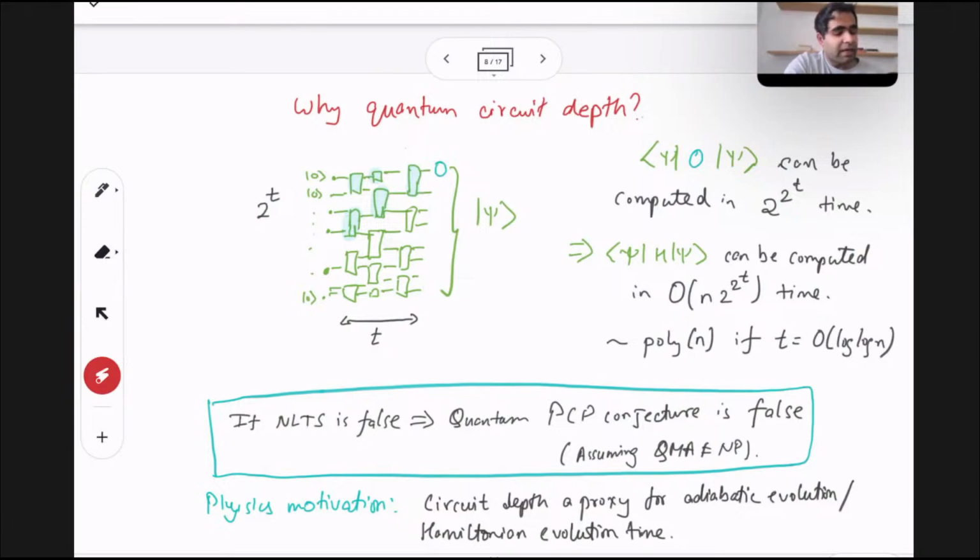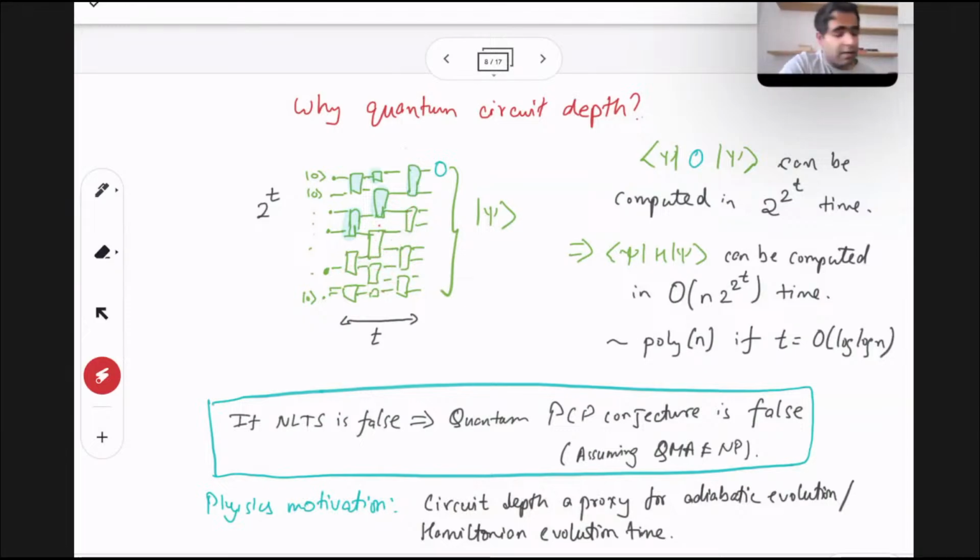I claim that I just need a computational time of 2 to the 2 to the t to compute this. The reason is that I look at the light cone of this operator, which grows twice for each layer. And this light cone spans a collection of 2 to the t qubits only. So to compute the local expectation value, I can basically set all these other gates to identity. I can ignore all these gates.